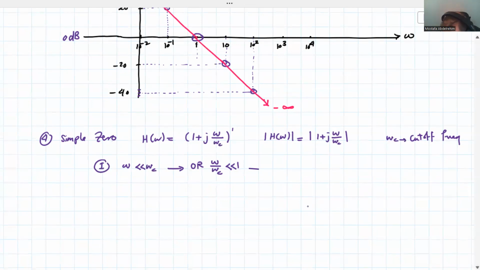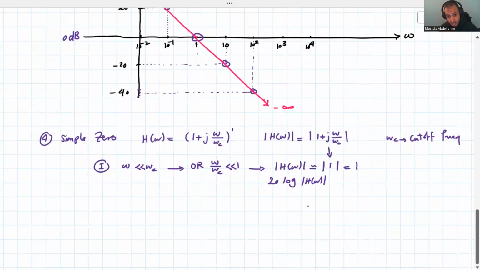In that case, Bode, who invented this, said that we can approximate this function into 1, because 1 plus something very small is approximately equal to 1. So the magnitude of h of omega is equal to 1. So 20 log the magnitude of h of omega.